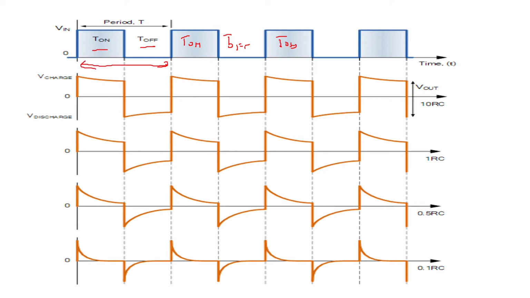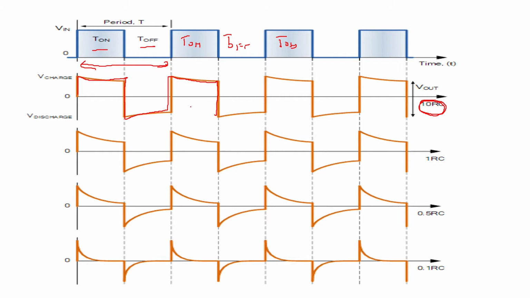Now if you keep the RC time constant 10 times RC, then the output will be like this. It is not spikes now. It will have its own charging and discharging of the capacitor, but it is having a width also. There is no spike type.